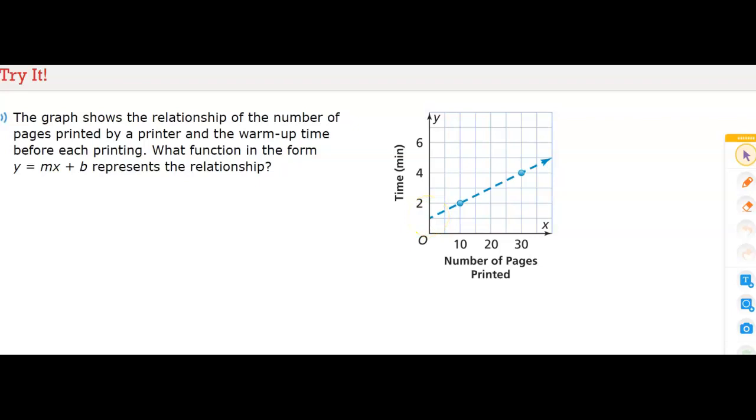So we have y is equal to, we don't know what our slope is yet, plus b, and b is going to be 1 because that is the point at which the line crosses the y-axis. Then we need to find our slope.